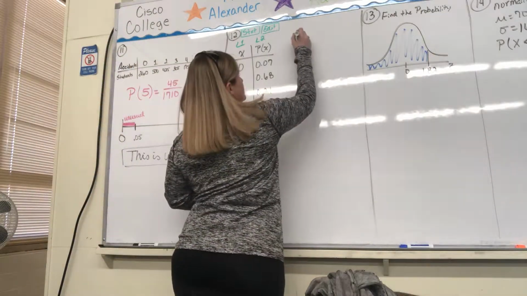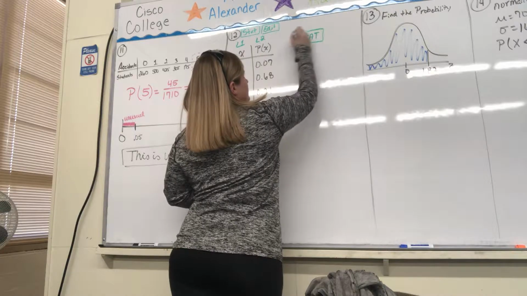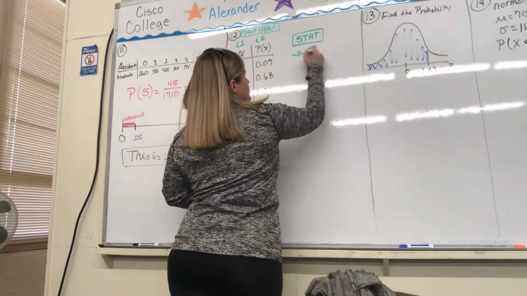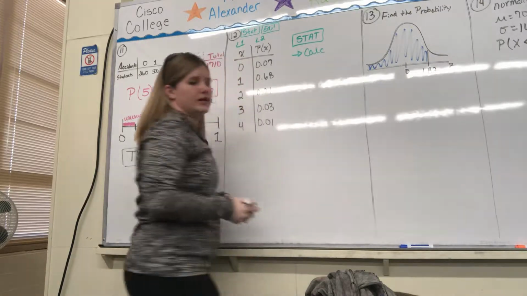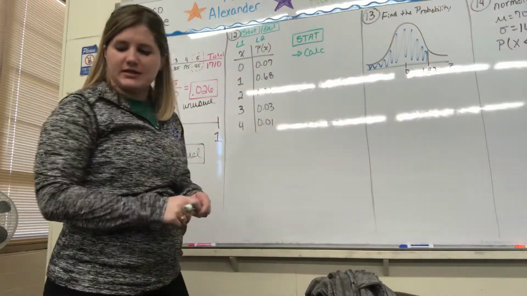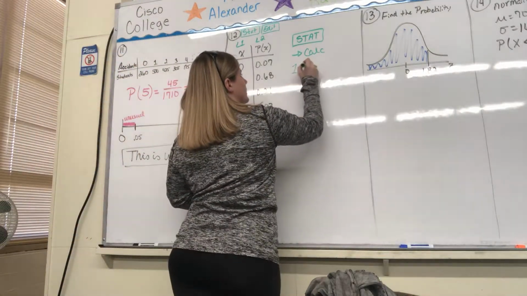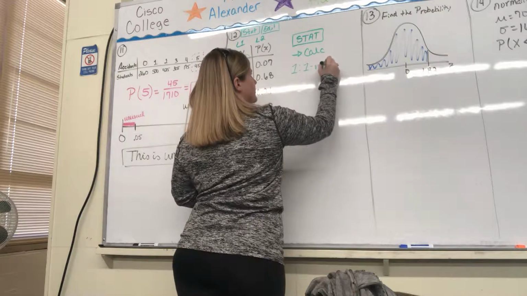This is step number 2. We're going to go over to calc, and underneath calc, we are going to select number 1, the 1-Var Stats.